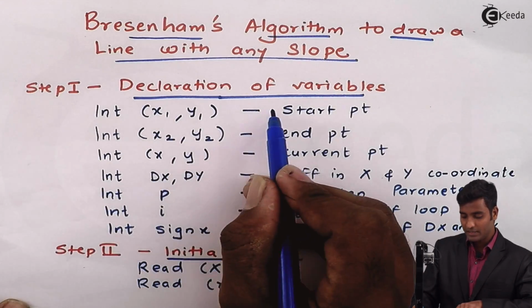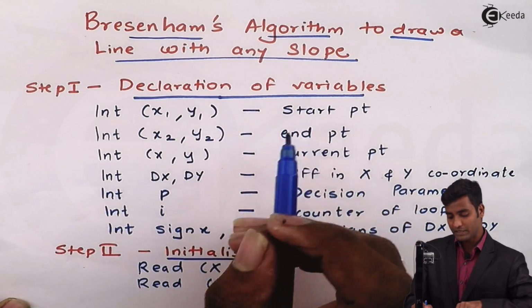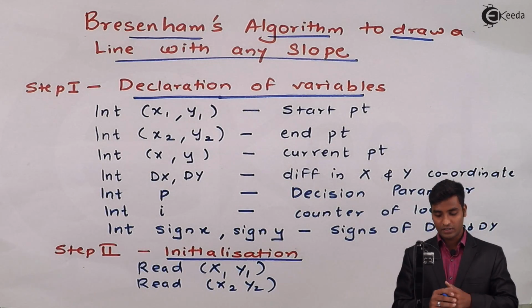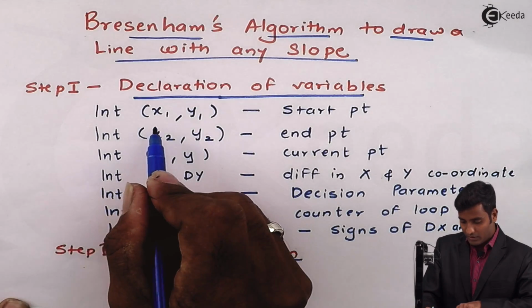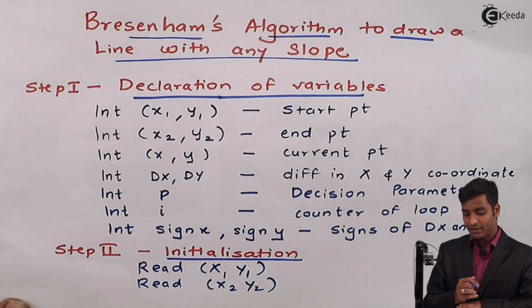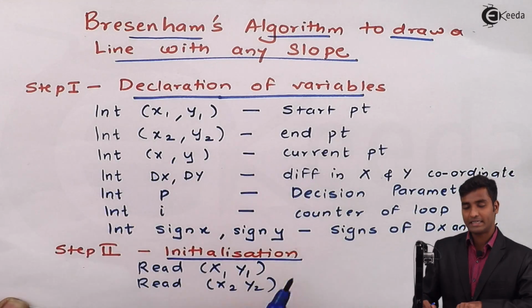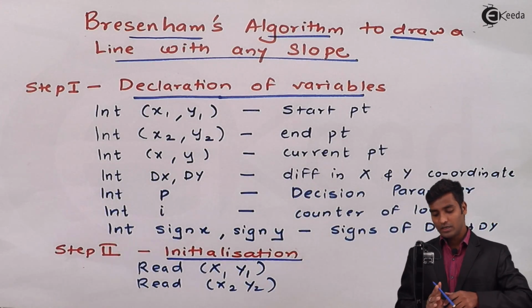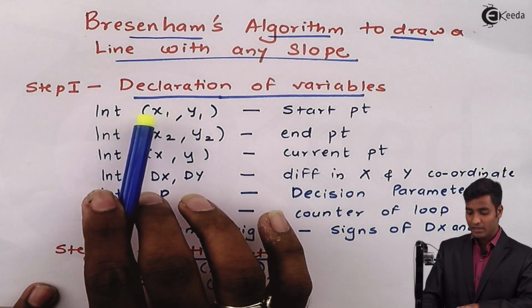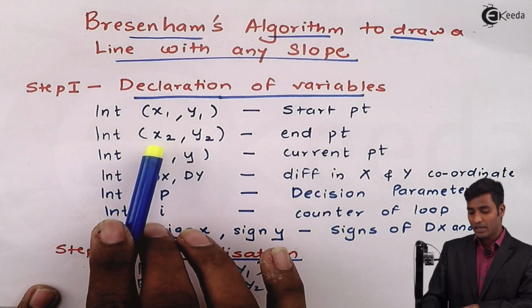So step 1 is declaration of variables, which means that whatever variables we have used, we have to declare them first. So we have used x1 y1, which is the starting point on the line, and x2 y2, which is the end point on the line, because the line has 2 points, that is starting point and ending point.